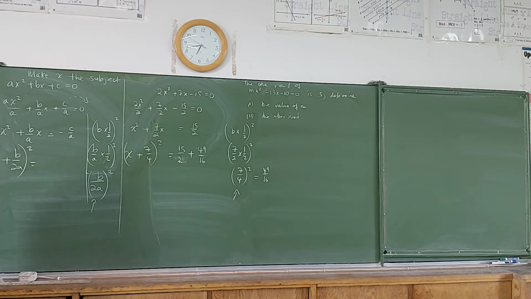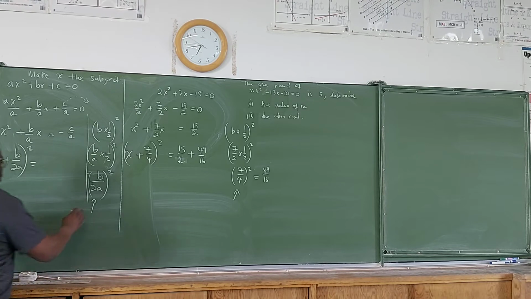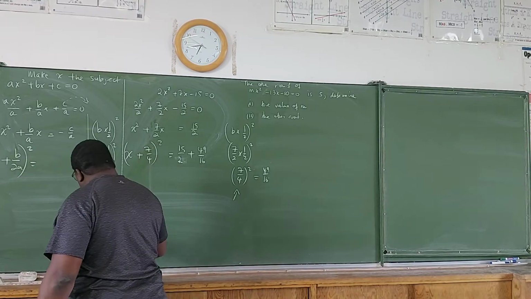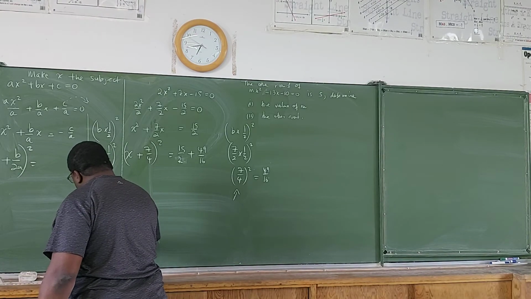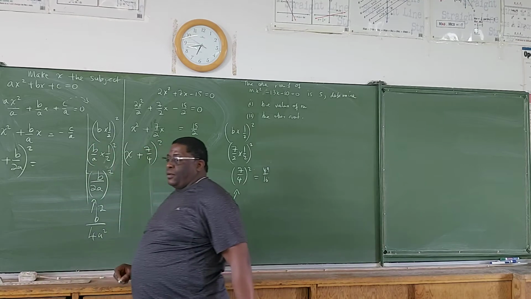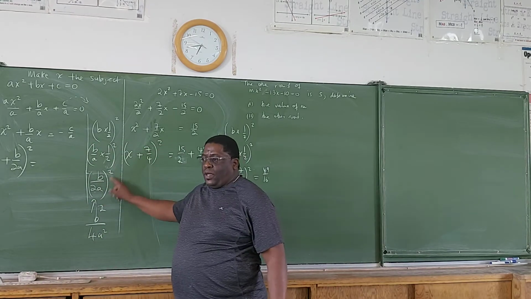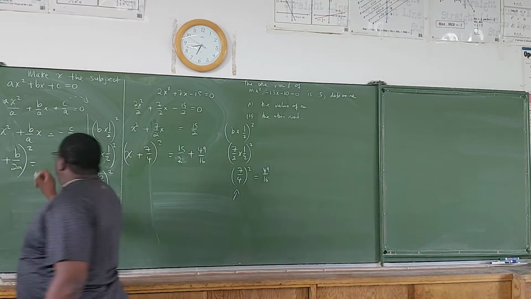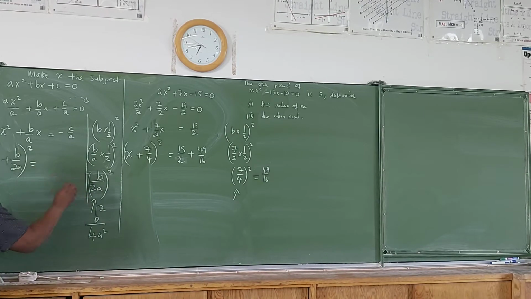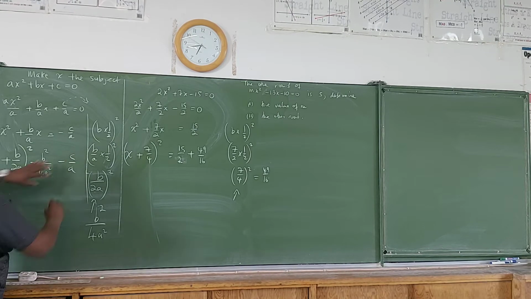I'm going to do the same here, but we like the constant term or the positive term to be in front. The square of this is b squared over 4a squared: b squared, 2 squared, a squared. So I'm going to add b squared over 4a squared to this number, it's just that it's minus c over a written on that side.